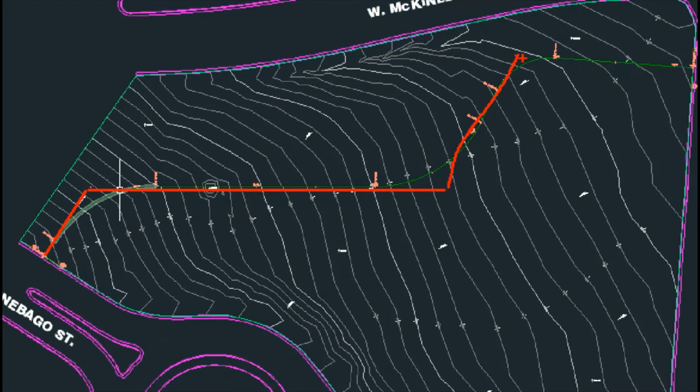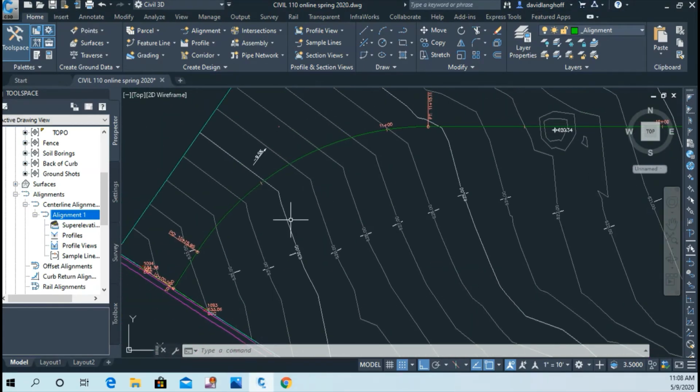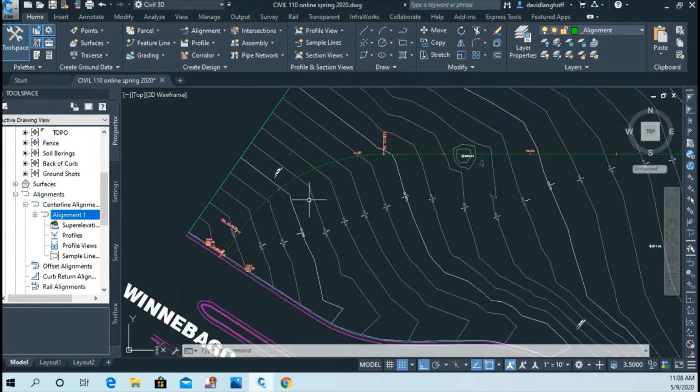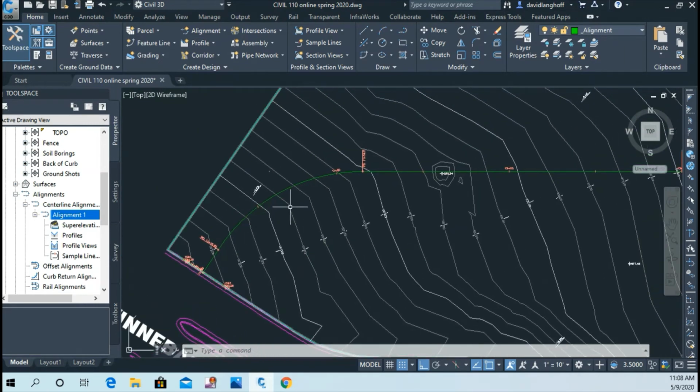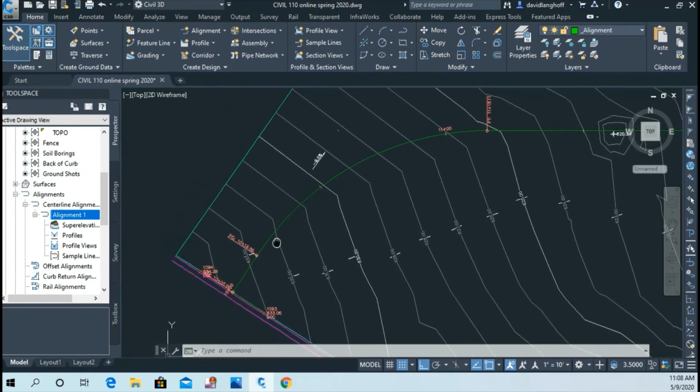That was supposed to be a straight line, but anyway, our tangents look something like that. And then we fit these circular curves to it, and we used the objects that we had drawn to define our alignment. Now, I just talked a little bit about curve parameters and some of the terminology here.